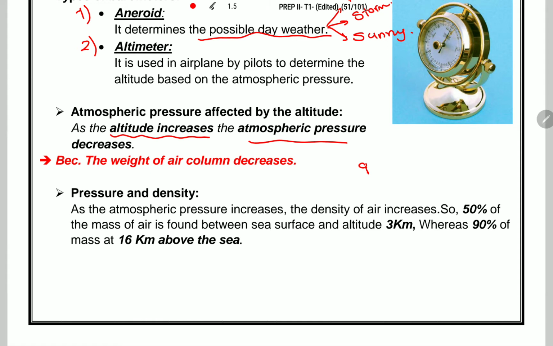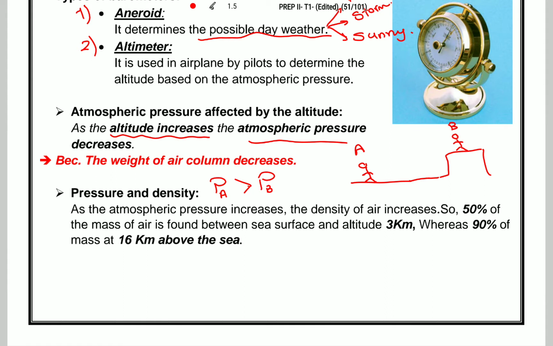If you have two persons, person A and person B, A is at the sea level and B is on a mountain, and you measure the atmospheric pressure for both, you will find that the atmospheric pressure of A is more than that of B. Why? Because B is at a higher altitude, and by increasing the altitude, the atmospheric pressure decreases.